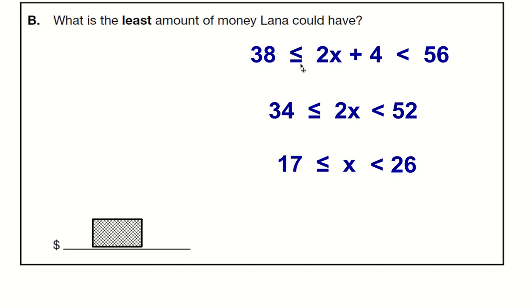But you can leave them together like this, and just subtract 4 from the middle, the right, and the left at the same time, and then divide by 2 to get X by itself. So that's why we end up with a 26 over here and a 17 over here. So Lana has in between $17 and $26. She has at least 17 exactly, but she doesn't quite have 26 apparently. And so the least amount is 17.